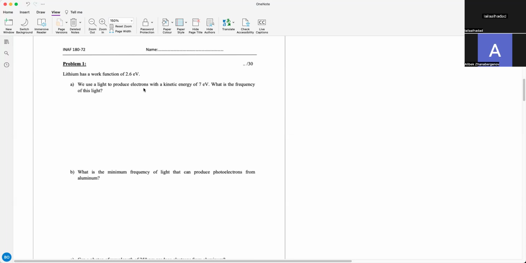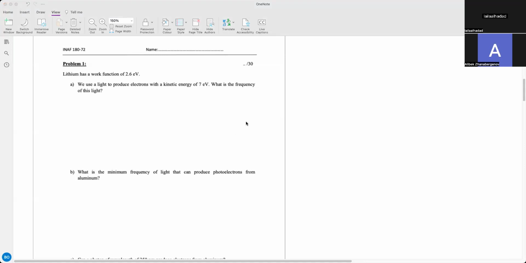We have lithium, and this lithium has a work function of 2.6 electron volt. Which means we use a light that will produce electrons from lithium, and those electrons will have a kinetic energy of 7 electron volt. What is the frequency of this light?